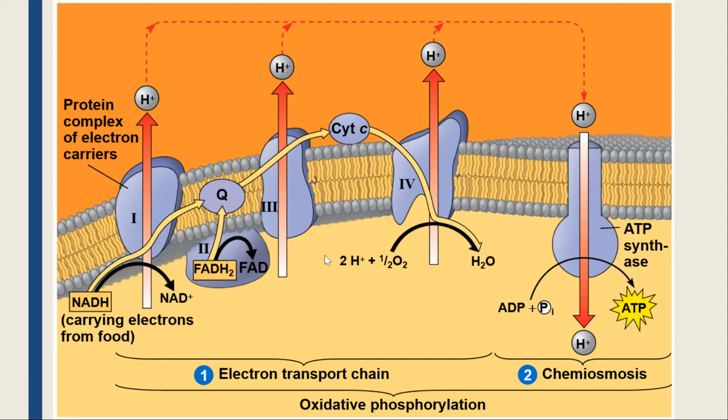We require oxygen in this process because that is picking up those electrons in the end. It's the final electron acceptor, and it's making water because the oxygen is combining with the electrons and the hydrogen ions, and they form water in the end. So oxygen is necessary for oxidative phosphorylation to take place.